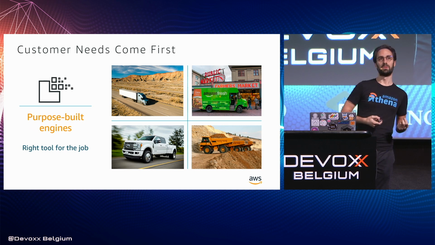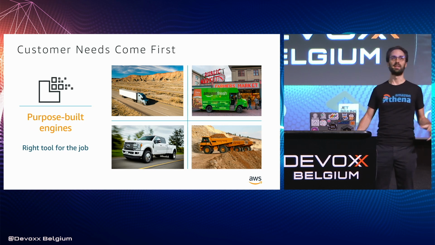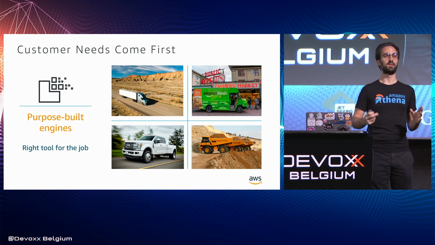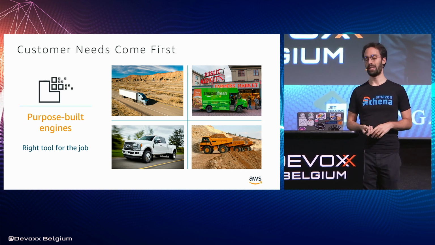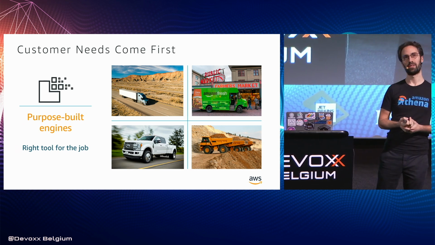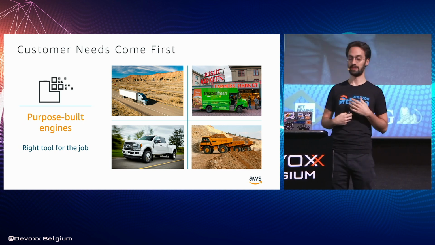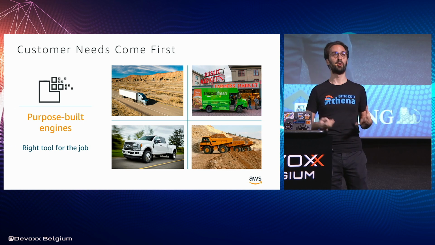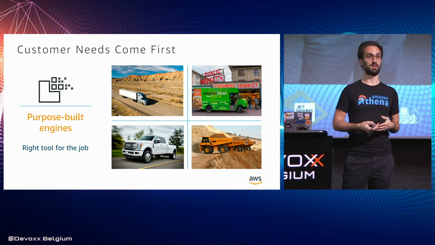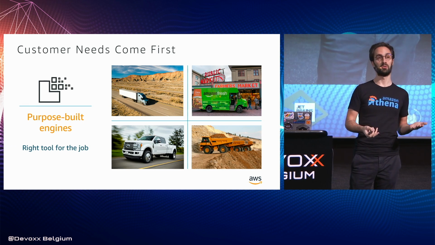We have also been used to having one big database for everything, one database that fits all your use cases, but that's not really the strategy anymore. At least that's not how Amazon Web Services sees this, and that's why we've been building purpose-built databases, because you just need to choose the right tool for the right job.